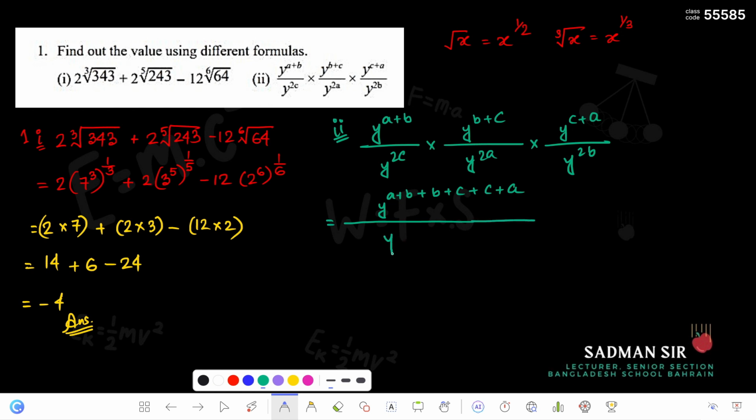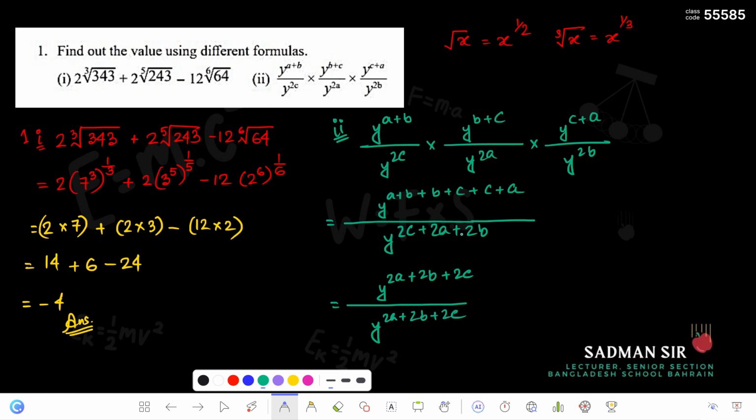Then in the denominator also we will do the same. They will also be multiplied with each other, so the powers will be added: 2c plus 2a plus 2b. Now that gives us y to the power, you can see a and a will give us 2a, plus b and b will give us 2b, and then c plus c is 2c. In the denominator we already have 2a plus 2b plus 2c.